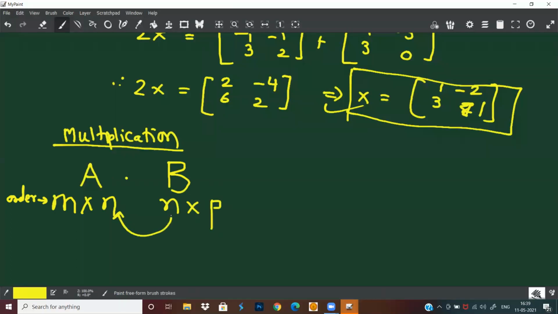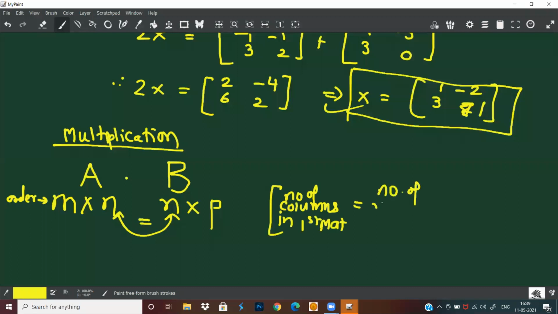So if the number of columns in the first matrix is equal to the number of rows in the second matrix, then only the product is possible.